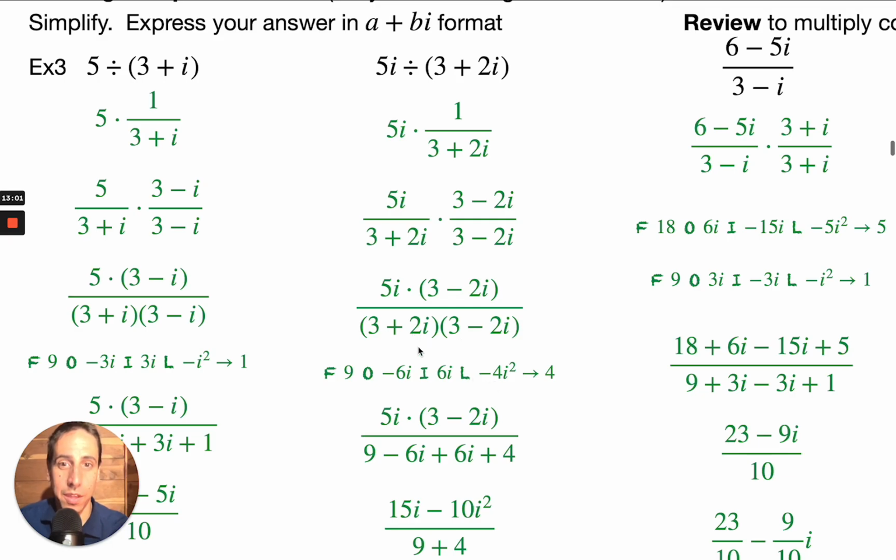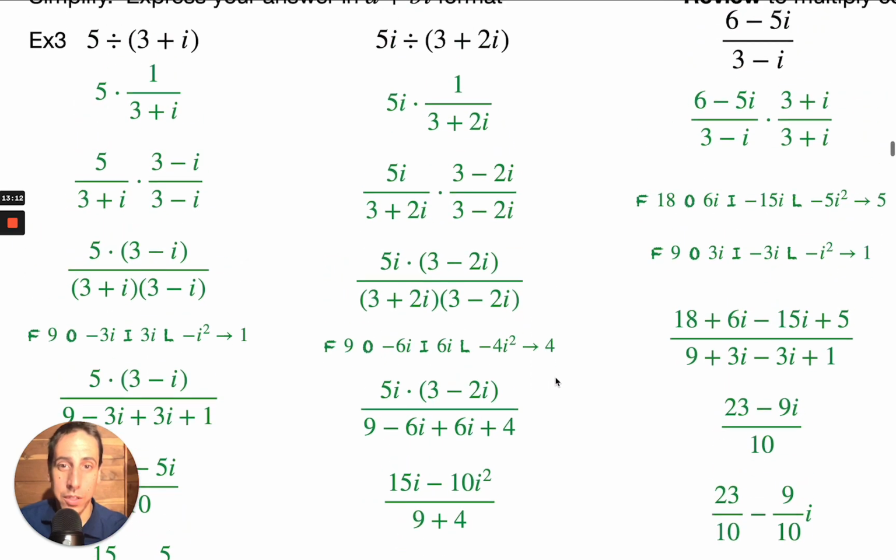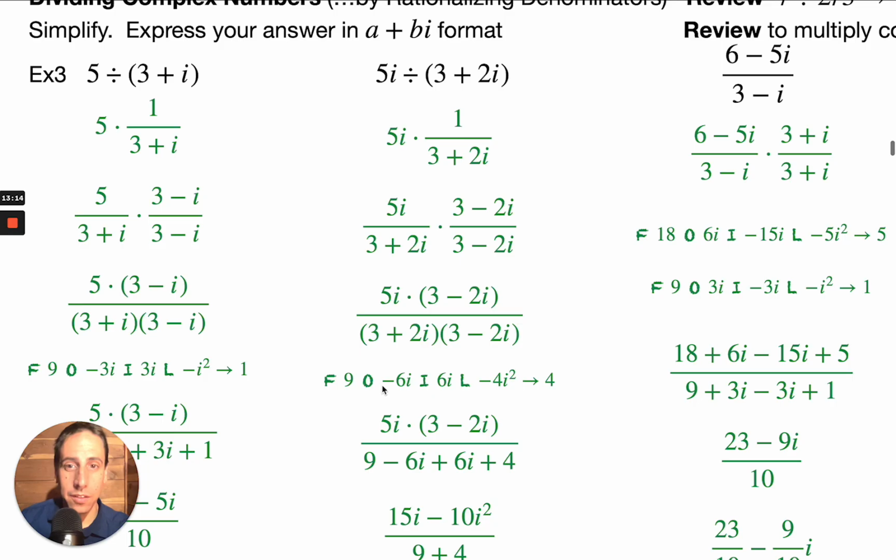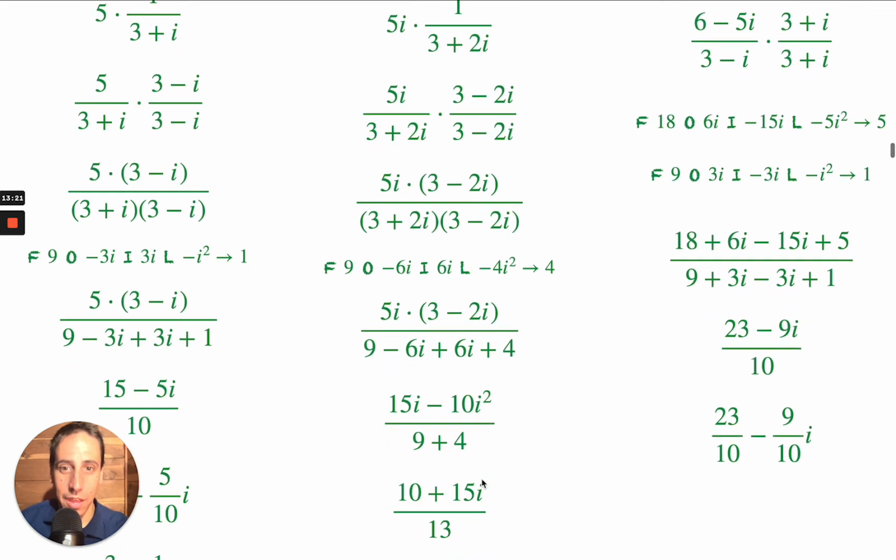The last term is negative 2i times 2i, which is negative 4i squared, and the negative and the i squared cancel out. You just have 4, which is pretty awesome because the inside term and the outside term of the FOIL are negatives of each other, and they cancel. And you're just left with 9 plus 4.